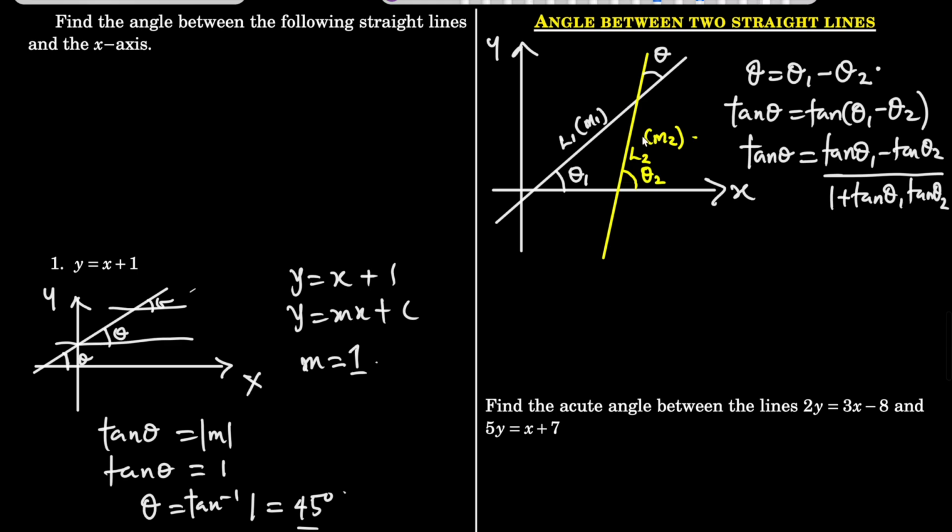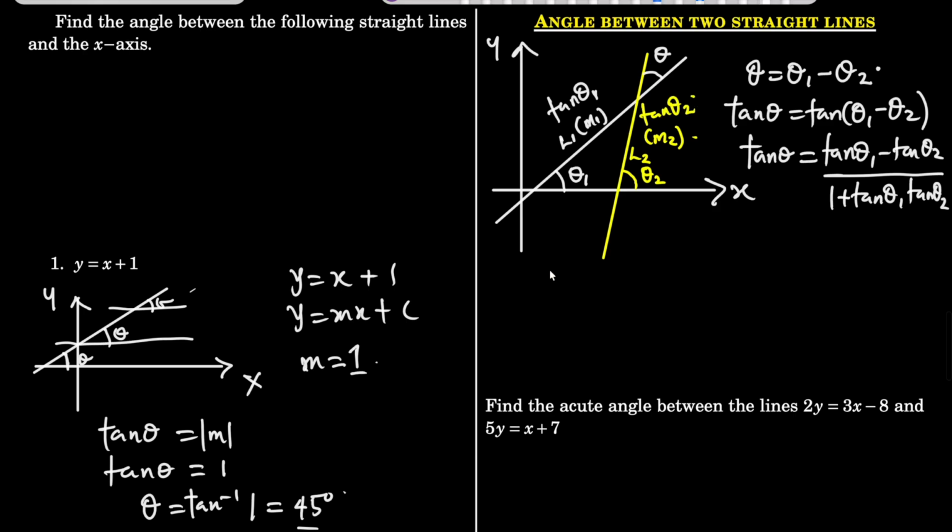Don't forget that while we were discussing this, we said tan theta is equal to m. So which means that for m1, it's going to have tan theta 1, and for m2 you're going to have tan theta 2.